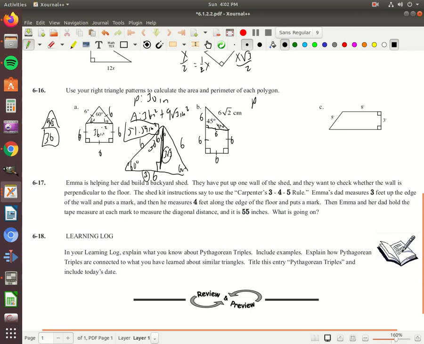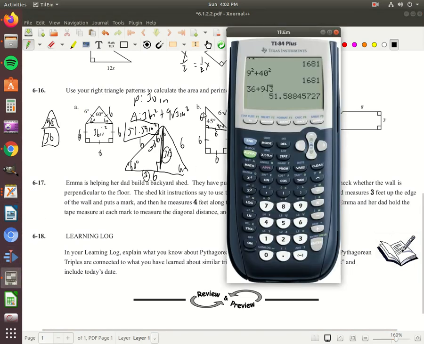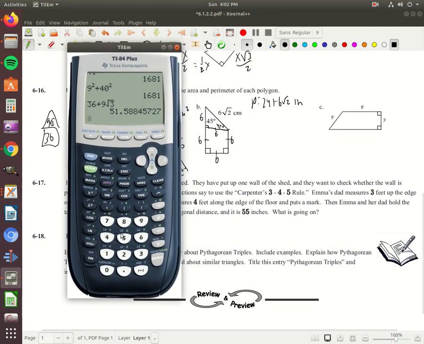So my perimeter is going to be 6, 12, 18, 24 plus 6 times the square root of 2 inches. And again, if you don't like it written like that, I will just say 24 plus 6 times the square root of 2 is going to equal 32.49 inches.